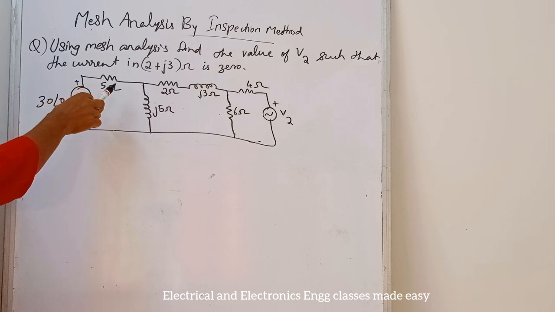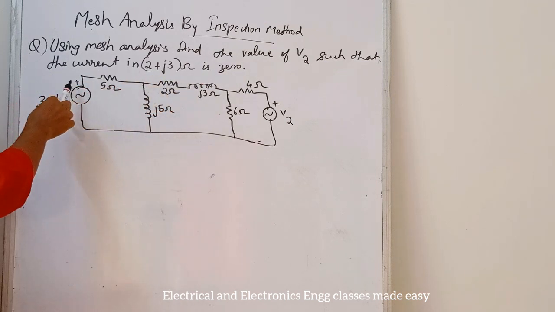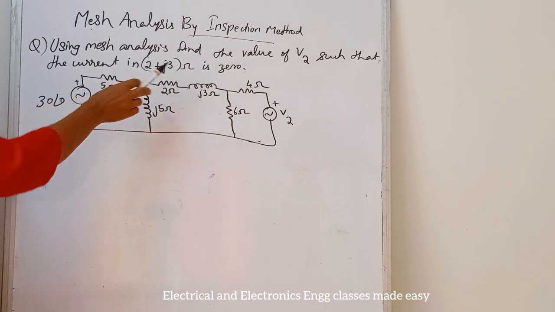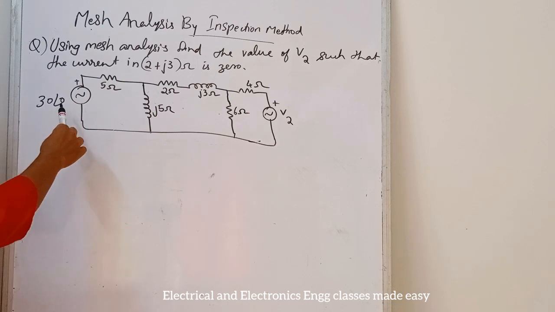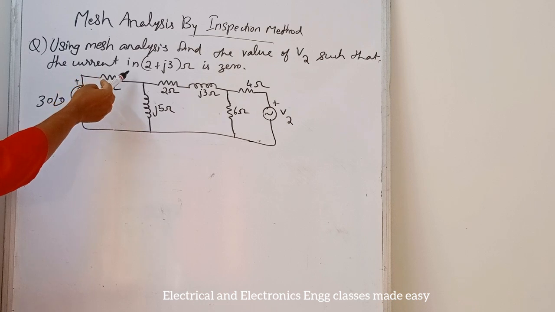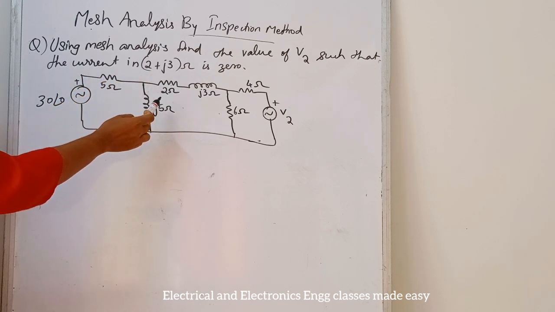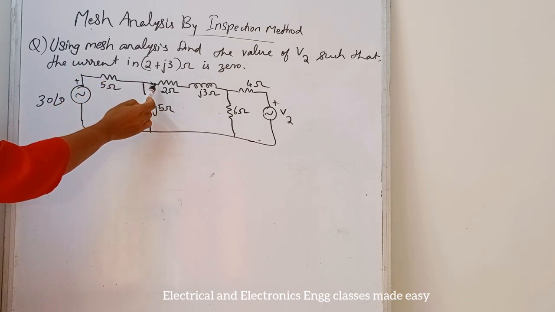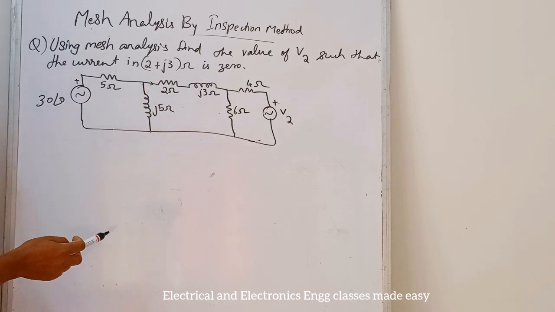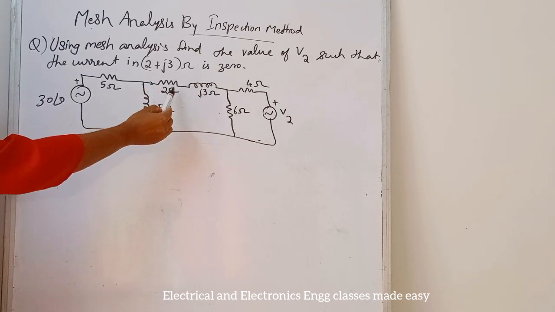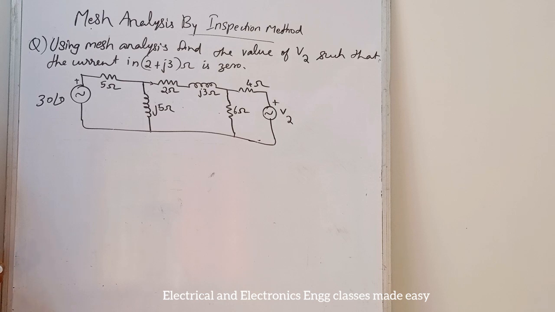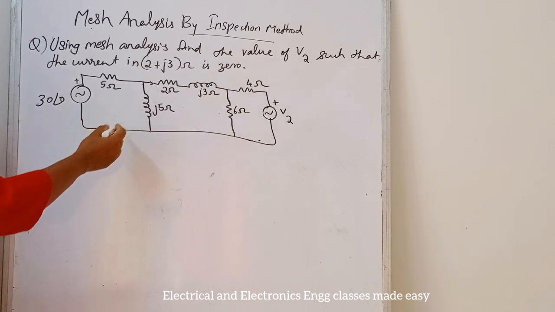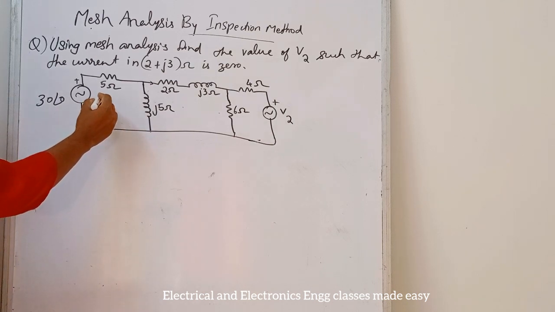Using mesh analysis, find the value of V2 such that the current in 2 plus J3 ohm is 0. So this is an AC circuit, and given that the current in 2 plus J3 ohm is 0, that is current through this branch is 0. 2 plus J3 ohm is here, and first of all we have to select the currents.